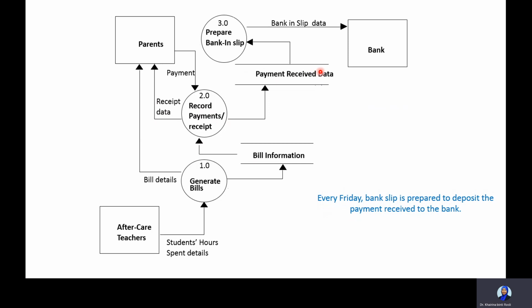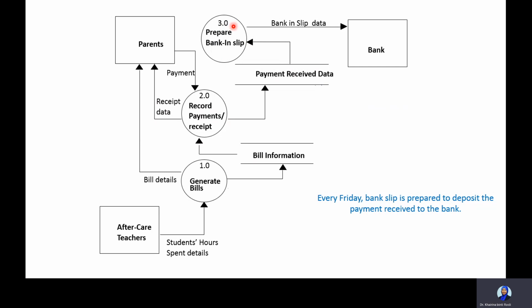Every Friday, a bank slip is prepared to deposit the payments received to the bank. So every Friday, the system will take the information from the payment receipt data and go on to prepare the bank in slip. Use the verb prepare, and put the number because this is the third process.